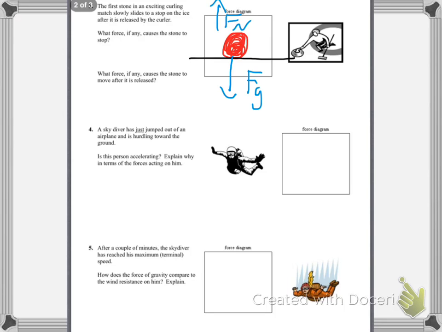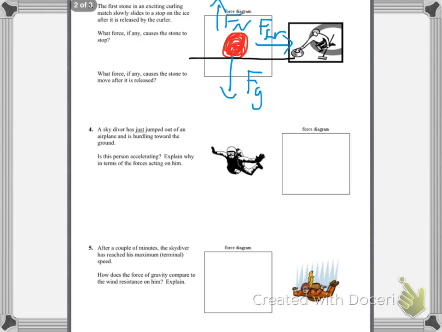Now, the curler slides the stone and then releases it. So once it's released, the applied force is no longer there. That is not carried with the stone anymore. And because it's slowly sliding to a stop, we know that there's a force of friction caused by the ice on the stone.